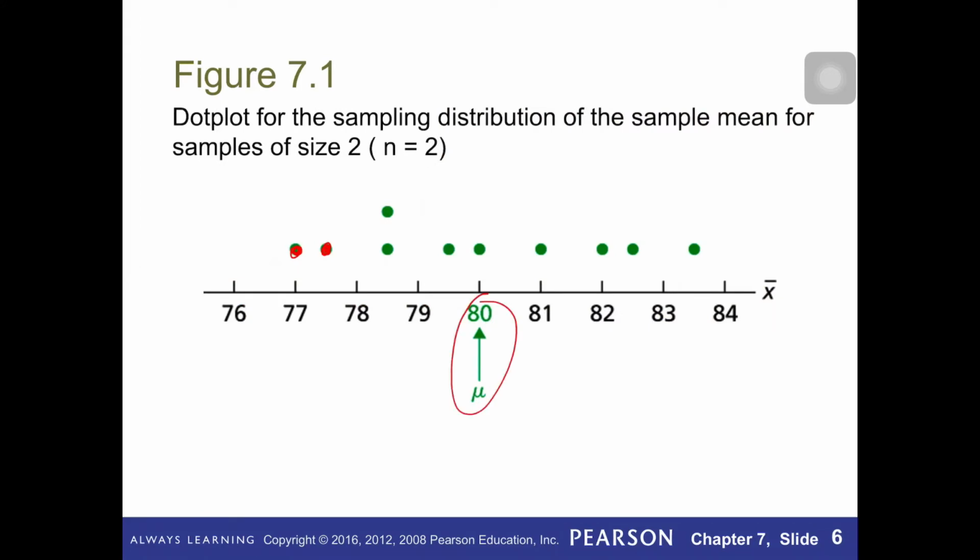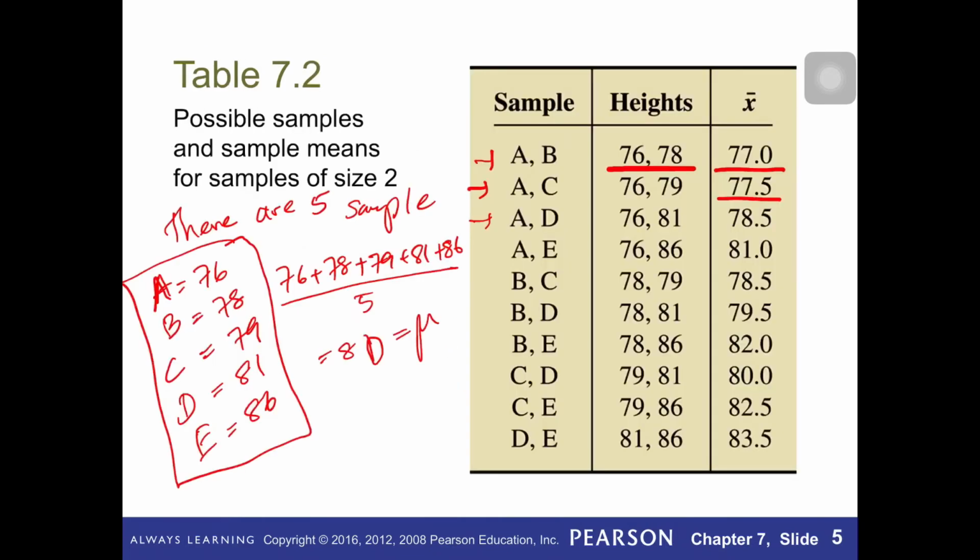Don't think about that too much. We will see what will happen if we extend the number of samples. If we consider ABC instead of AB, then ABD, something like this, 3 samples. What about 4 samples, ABCD, ABCE?